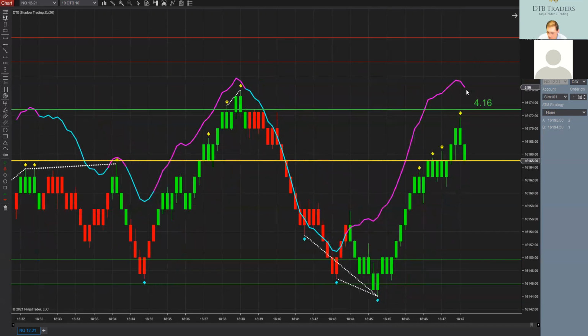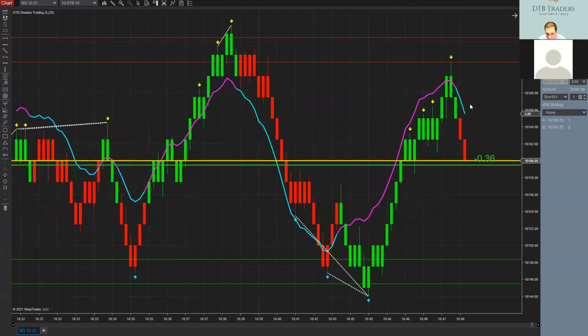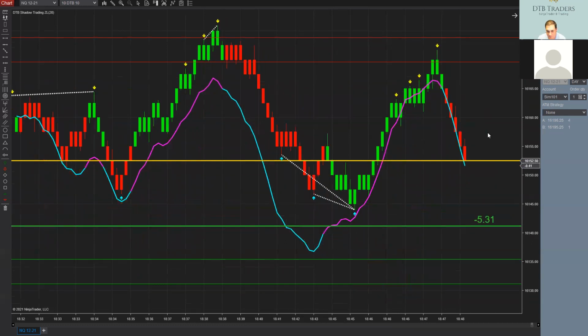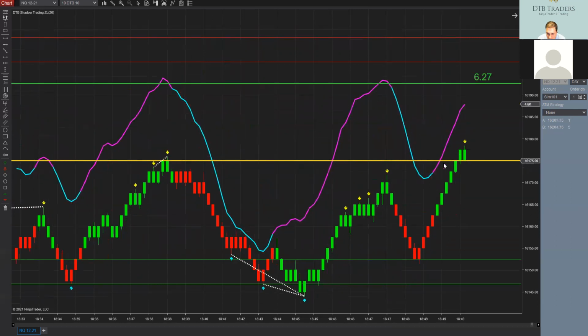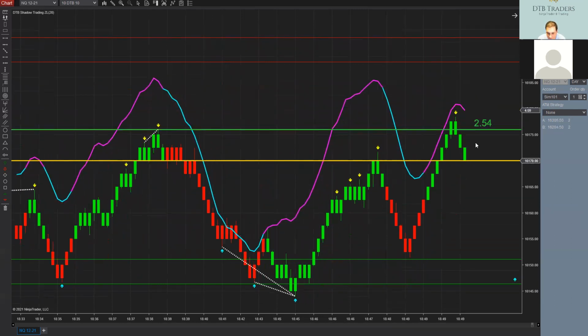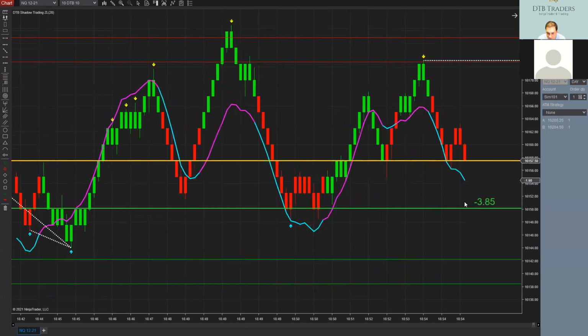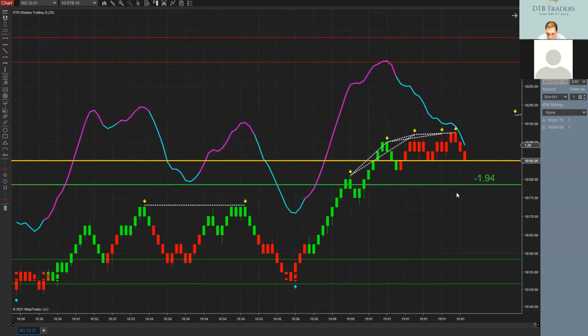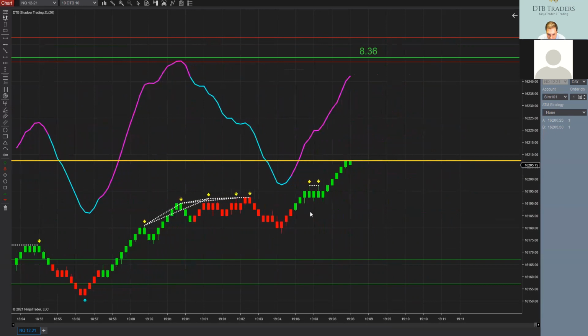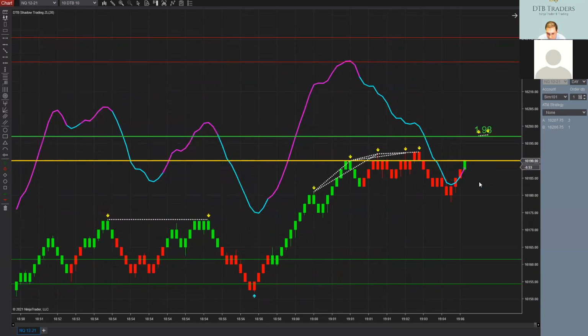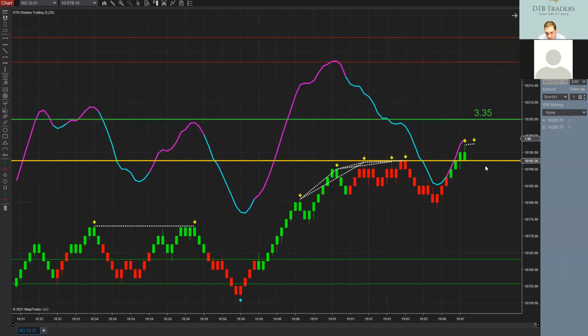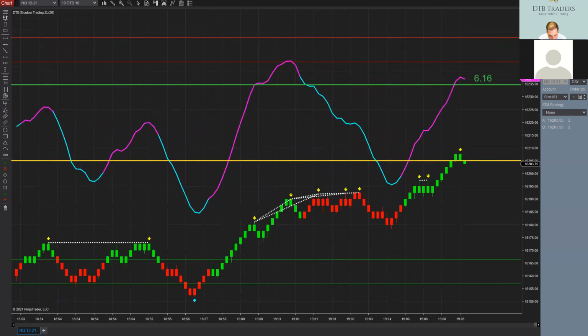As long as that momentum line stays above, the chance of the price going up is higher than coming down, and then so on. So you're going to notice it's going to come close and it's going to cross and go over and above. So that's what you're going to notice. It jumps all over the place on a smaller bar size like this, but it's a good way to determine which direction the price is more than likely going to be going.